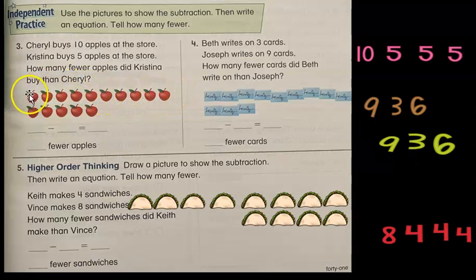So this first row represents Cheryl's apples. There's 10 here. Now let's keep reading. Christina buys 5 apples at the store. How many apples did Christina buy? 5. And look, the second row, they drew out 5 apples for you. Let's count. 1, 2, 3, 4, 5.